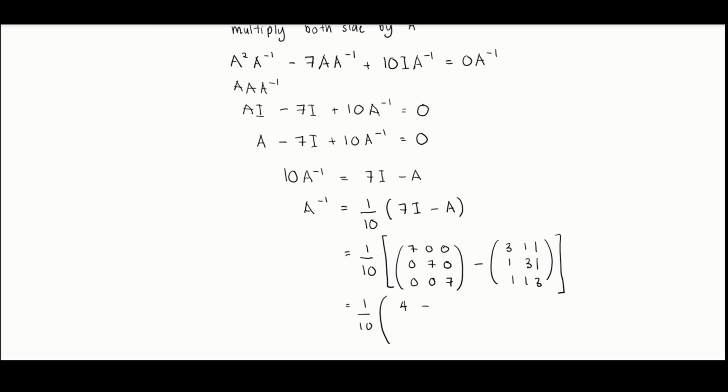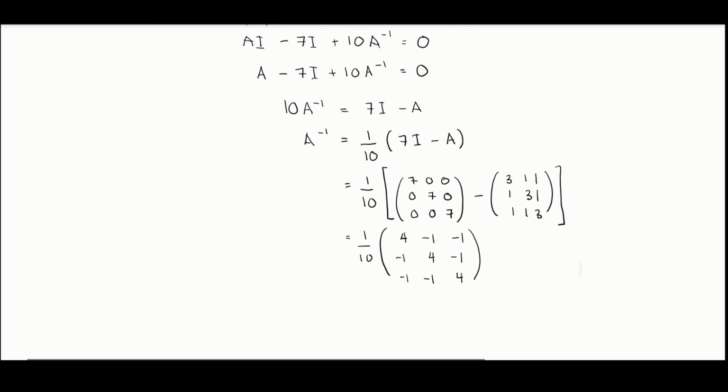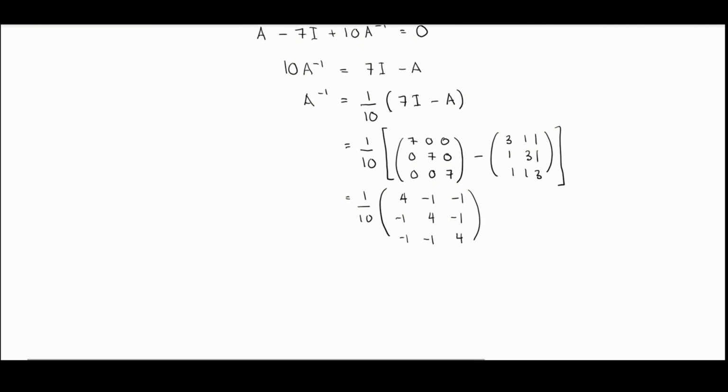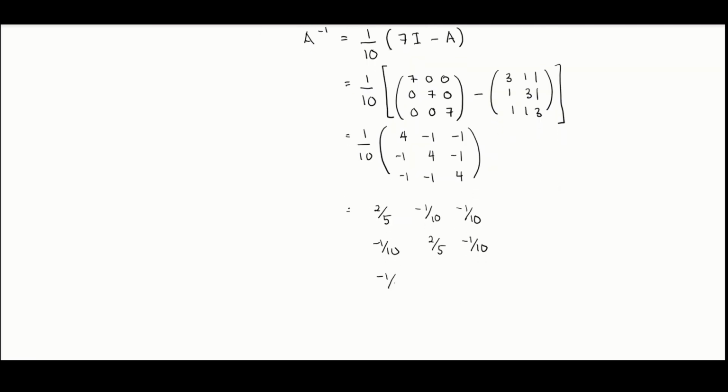So we get 4, -1, -1, -1, 4, -1, -1, -1, 4. And then we can multiply 1 over 10 to each element. So we get 2 over 5, -1 over 10, -1 over 10, -1 over 10, 2 over 5, -1 over 10, -1 over 10, -1 over 10, and lastly we have 2 over 5. Alright, so this is A inverse.